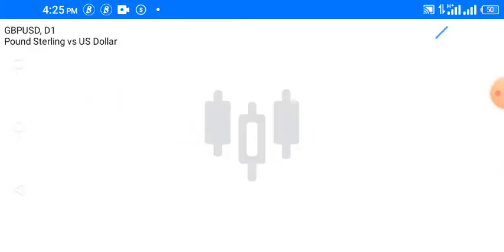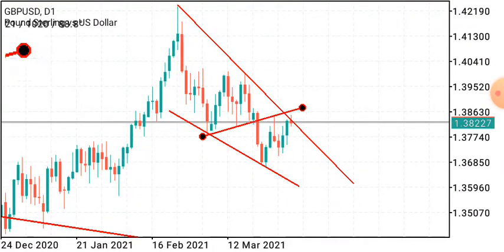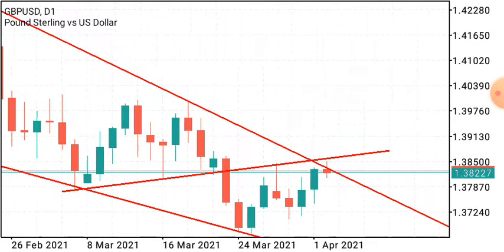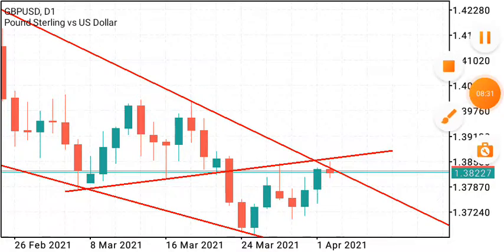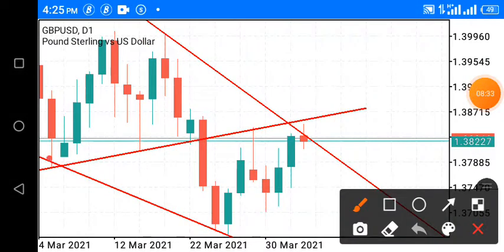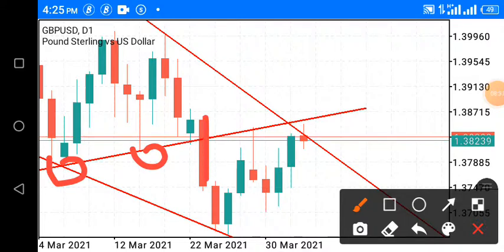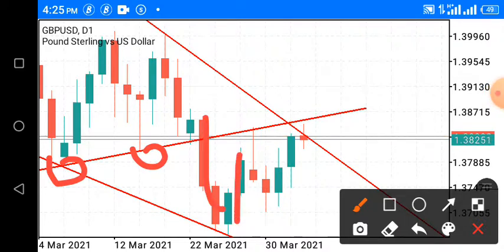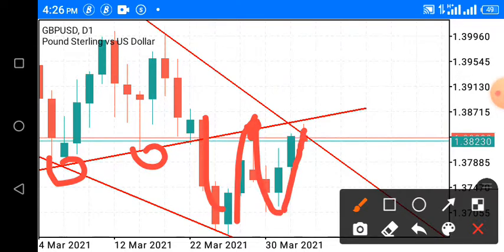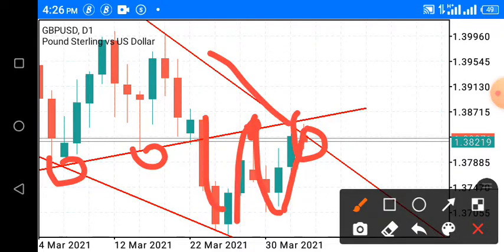So I can see something here: I have the first touch, the second touch, and the third touch broke it, came back to retest it. Look at it there, went down, came back. Now it's retesting this downward trend line.